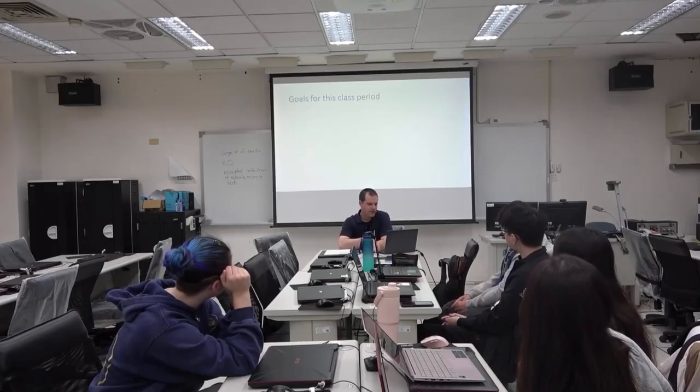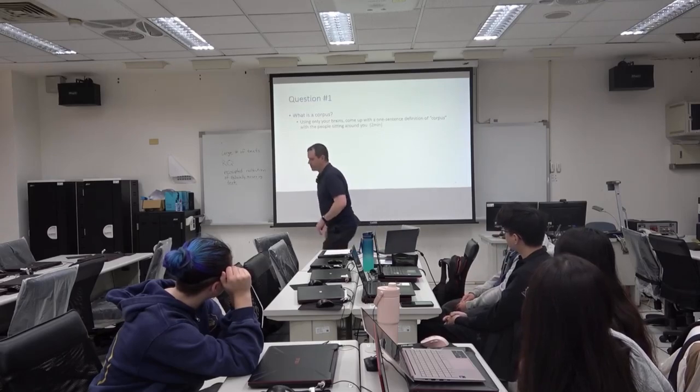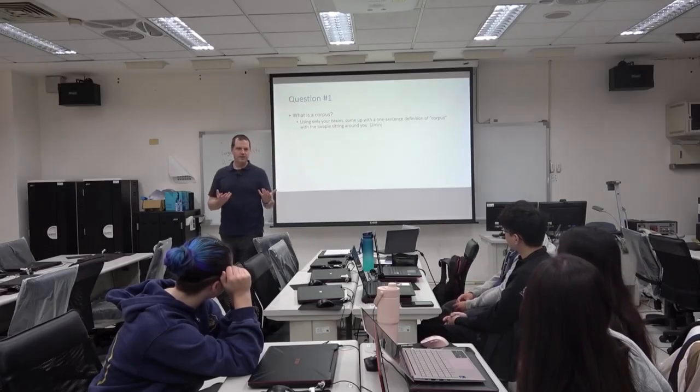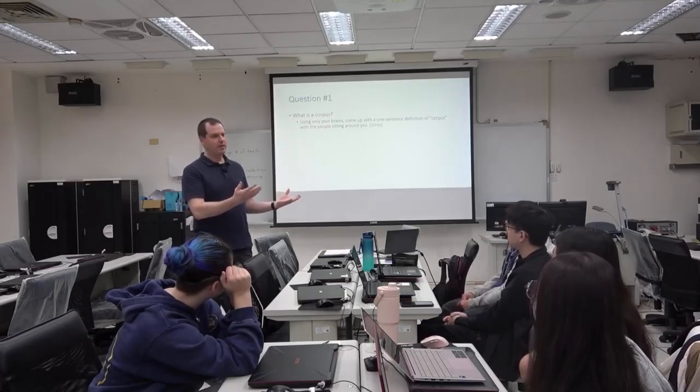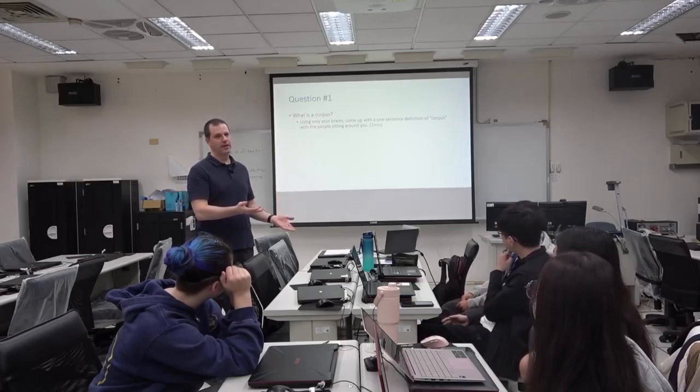Our goals are to gain a better understanding of how methodological choices in corpus research can affect our inferences from data in learner corpus research studies. The corpus that we'll use is a learner corpus where we have 400 essays written by people who speak English as their first language.